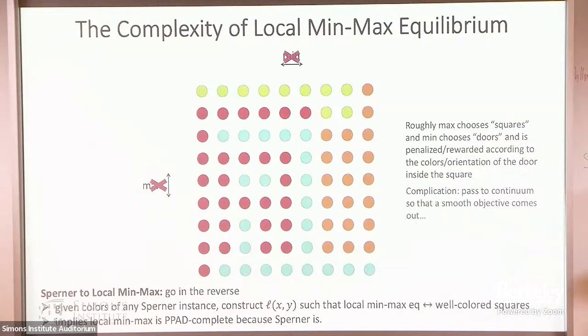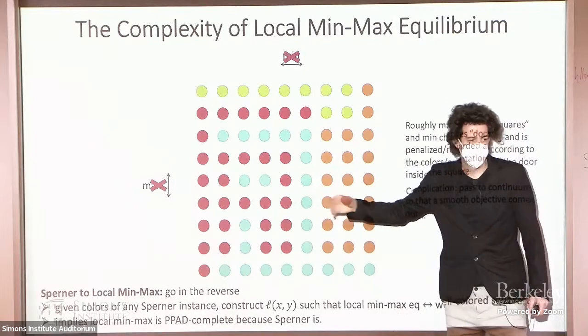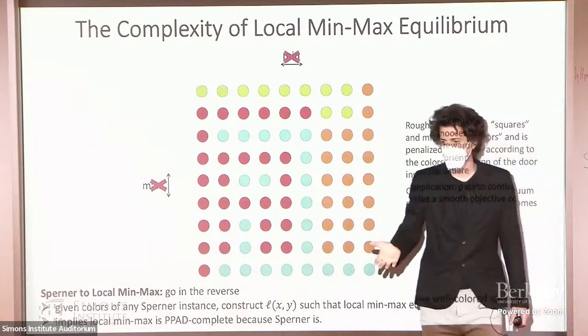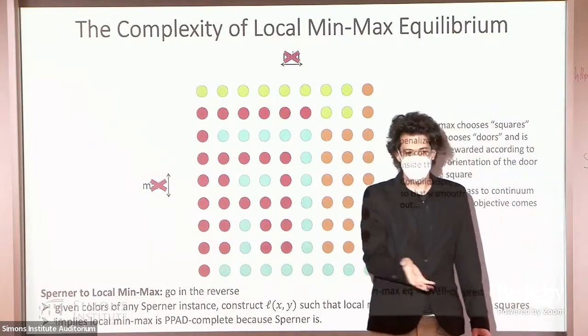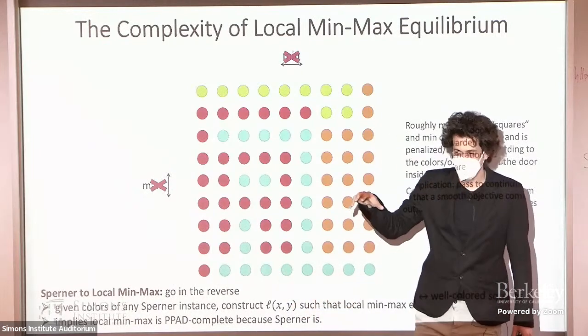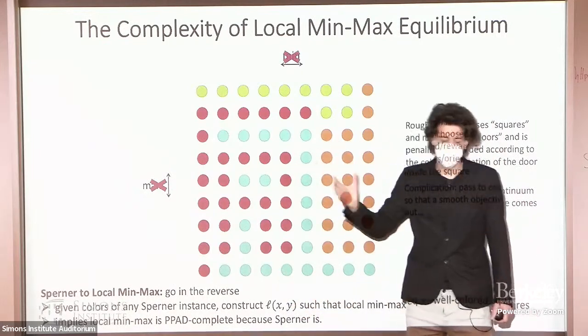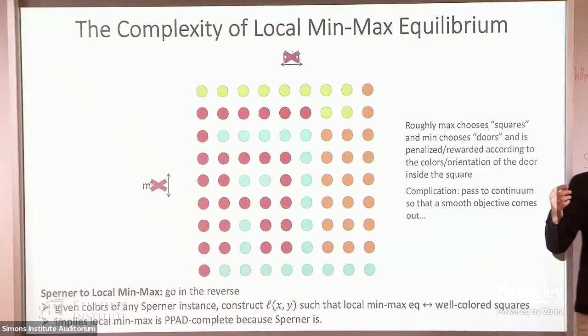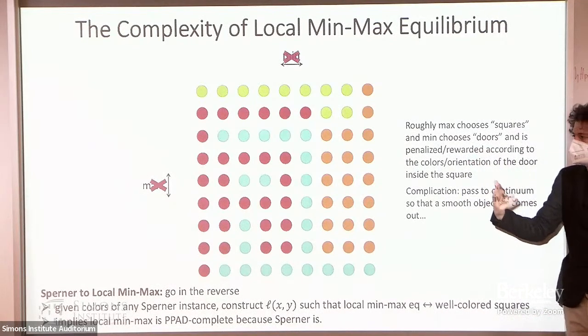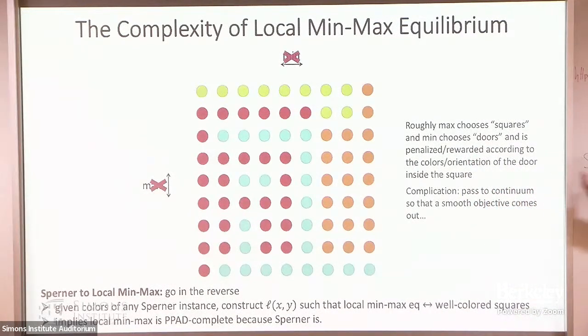Okay. And the complication is that this is a discrete problem, but the target problem is to find equilibrium in smooth games. So how do you turn this idea into an instance of a smooth two-player zero-sum game? That's where a lot of the work goes in this paper.